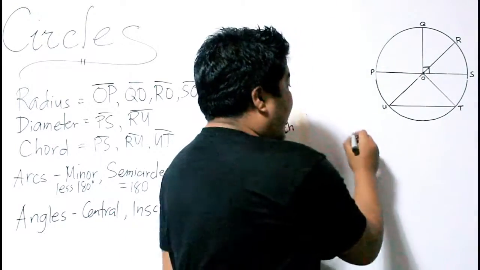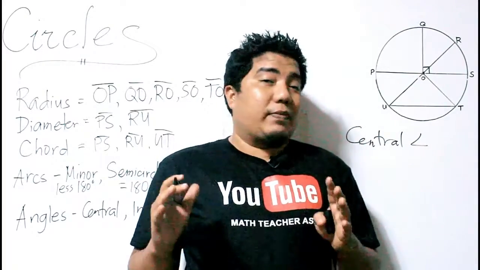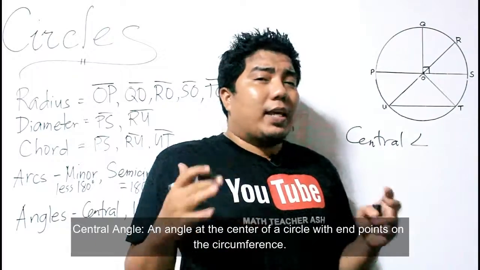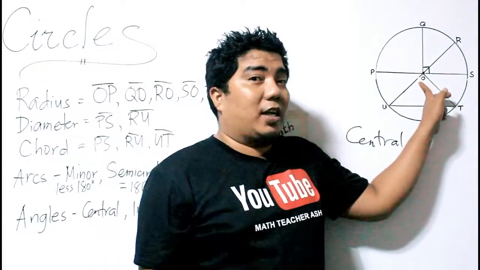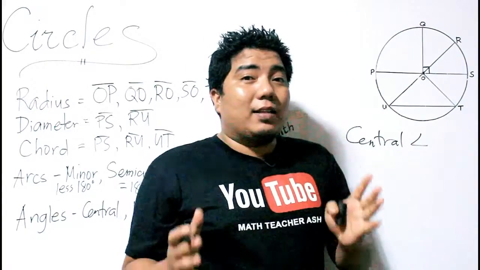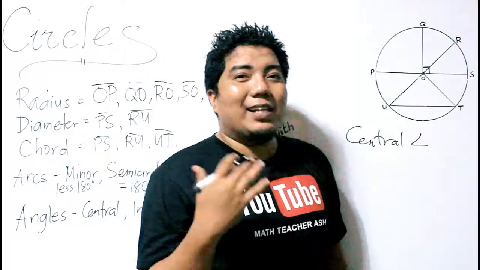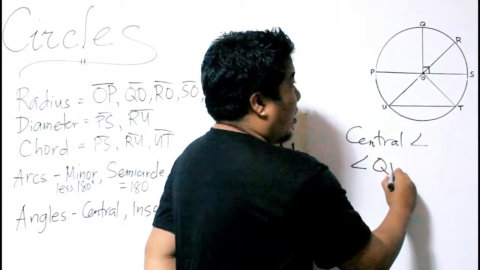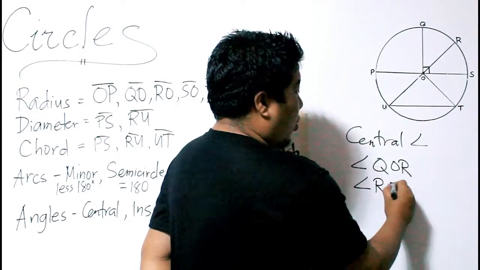Now, let's start first with the central angle. The definition is very simple. It is an angle in the center. Meaning, when we say center, the vertex is the center of the circle. So, any angle that you can see where the vertex is the center of the circle, that is a central angle. In this case, we can name QOR. We can have ROS.